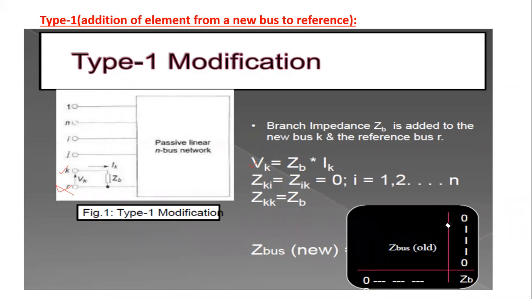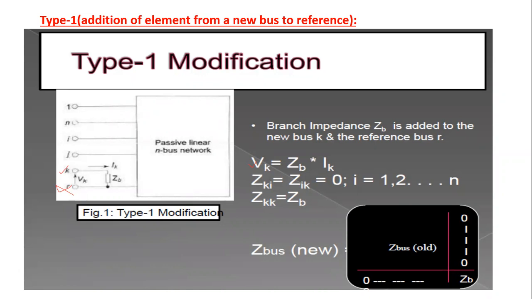ZB is the branch added in between the new bus and the reference bus. This is the type 1 modification. Therefore Z bus new equals Z bus old, 0, 0 and ZB, where ZB is the branch added between the reference node and the new bus.